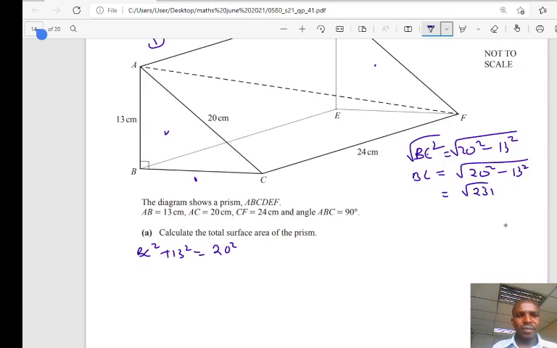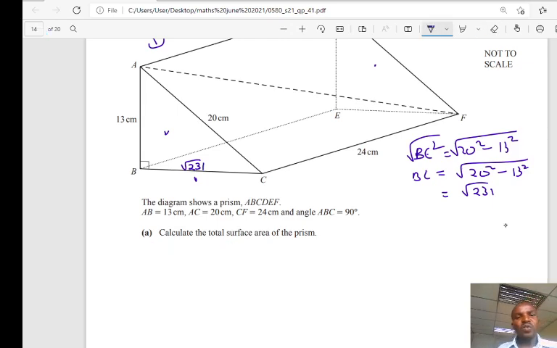Does it have a square root? No, on 231, just square root of 231. So you can just use this as square root of 231. That's this side. Now let's find the total surface area.